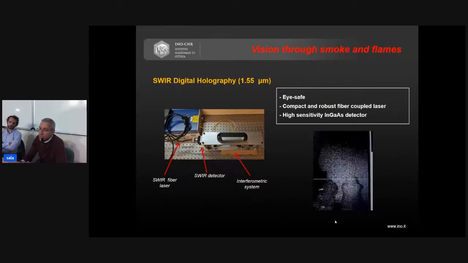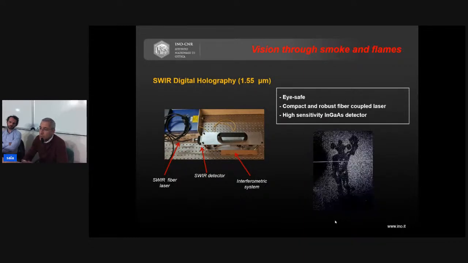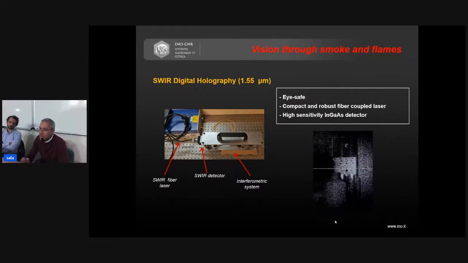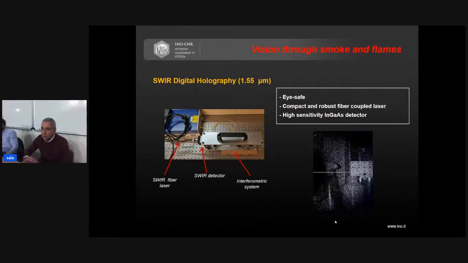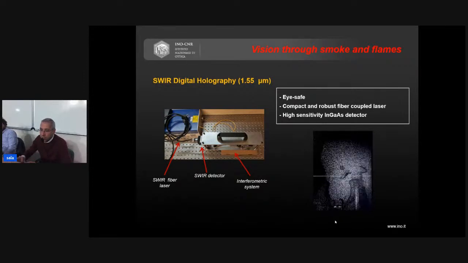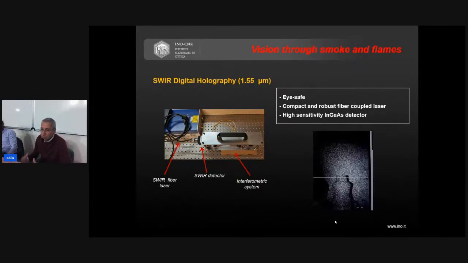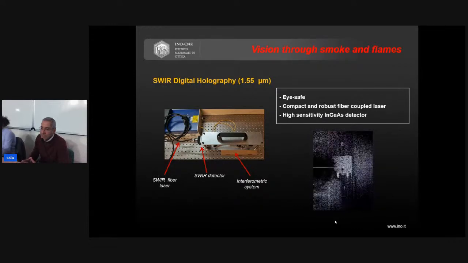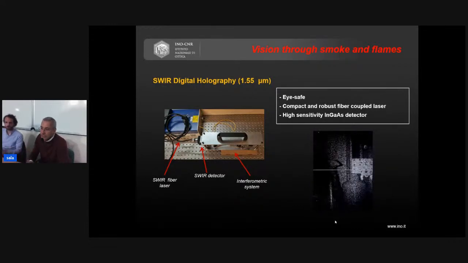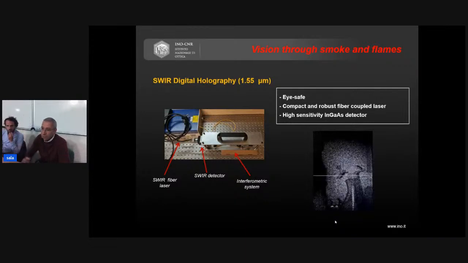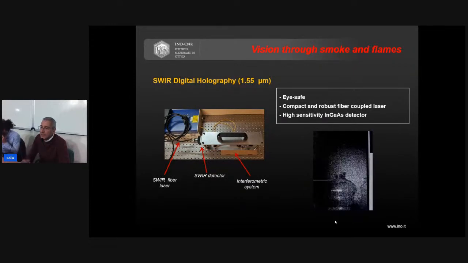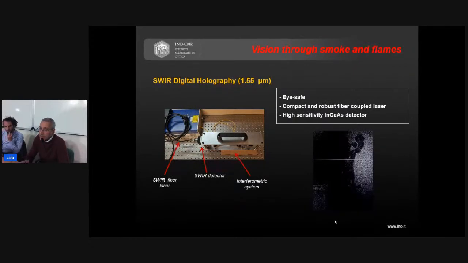And secondly, in this range, compact and robust fiber-coupled lasers are available, and this means that you can separate the laser source from the interferometric optical system, so that you can imagine carrying the laser source in a backpack and miniaturizing the optical system and integrating it in the equipment, for example, in the helmet of firefighters, or even hand carrying it. And indeed, here you can see a video.